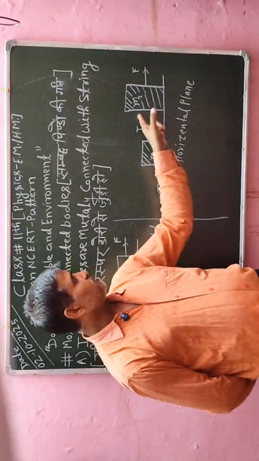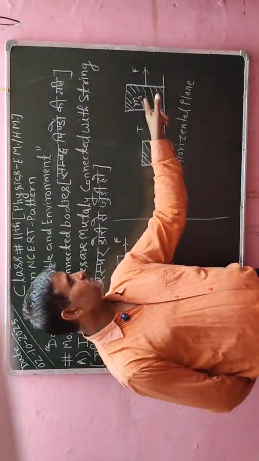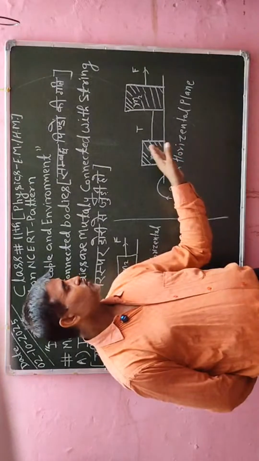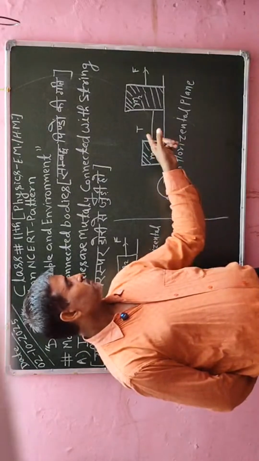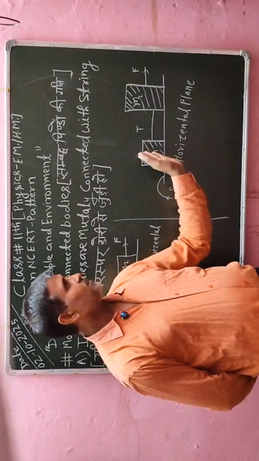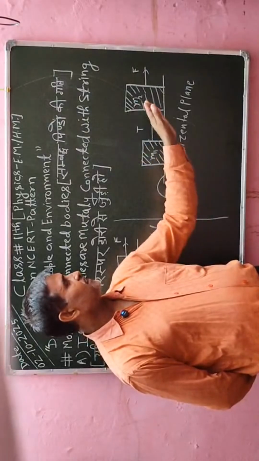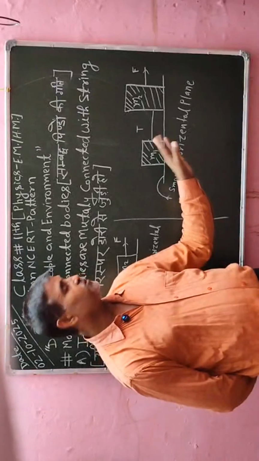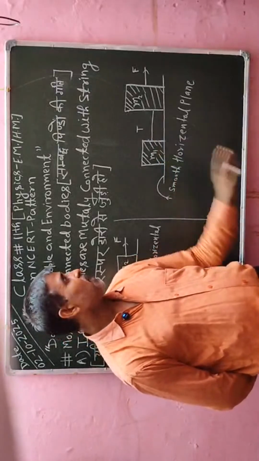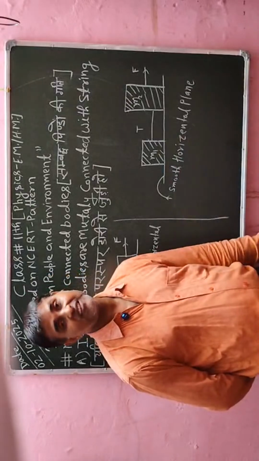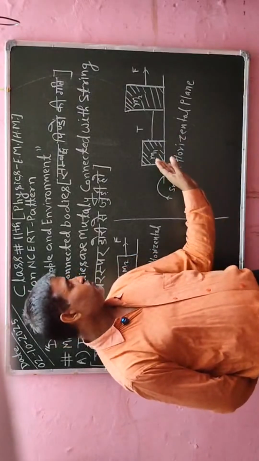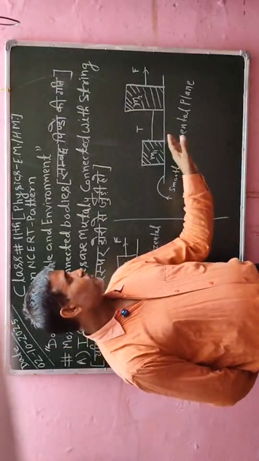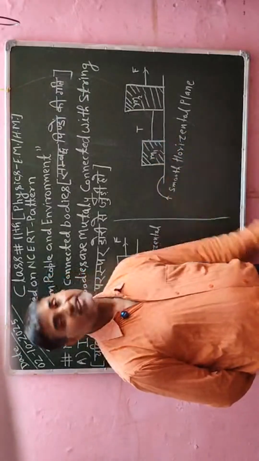One force will be backward with the second object, and one force will be forward with the first object. So the tension on the left hand side object and the tension on the right hand side object will both be the same. So both objects are moving with common acceleration. We will use this concept to find the common acceleration, and also we will find the tensile force.